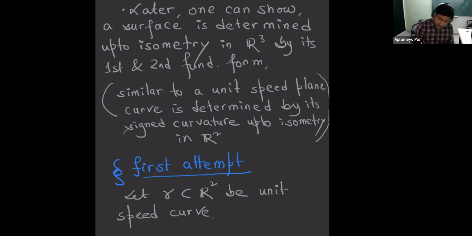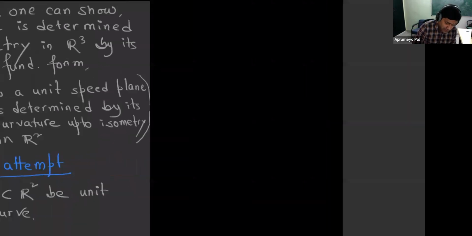Okay. So now let me consider this curve, and let's say this is gamma t, and I am trying to find out how the curve moves away from its tangent line at gamma t.